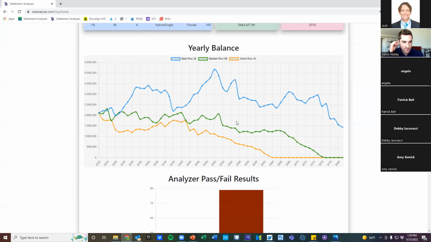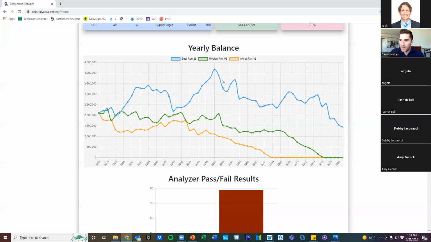Yellow is if the market goes essentially really, really bad, which all of us on the call today know that the market right now is not doing well. And we need to understand and be able to show people, rather than just say a structure is better, but actually be able to show people why a structure is better.